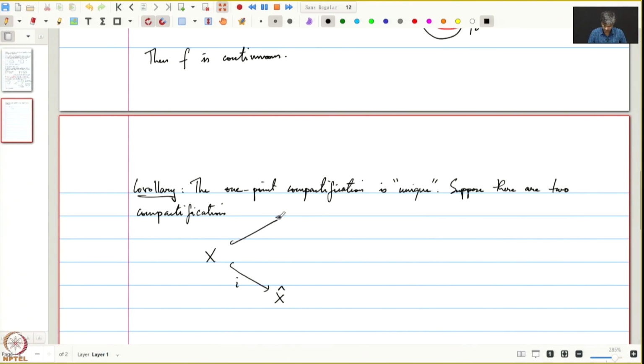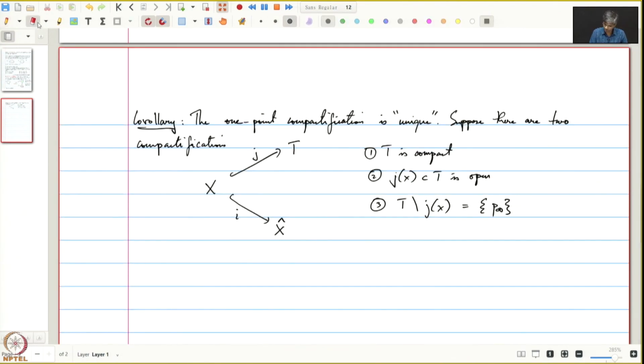Now suppose there is a J from X to T such that we have the following properties: one, T is compact; two, J of X contained in T is open; three, T minus J of X is just one point.